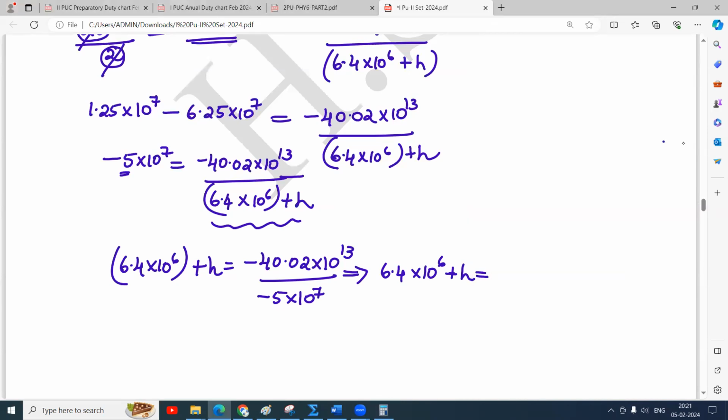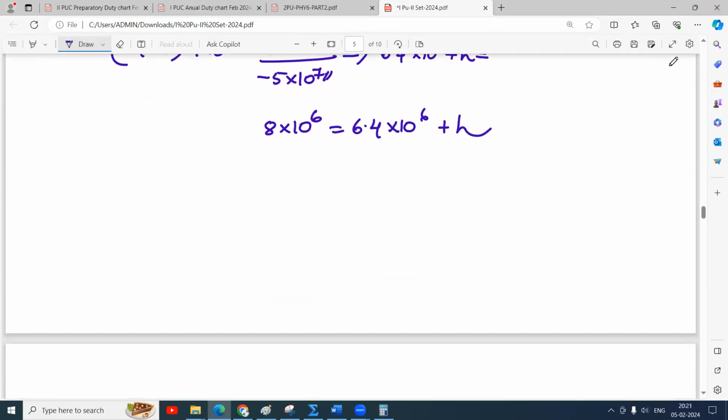So 8 into 10 to the power 13 minus 7, that is 6, is equal to 6.4 into 10 to the power 6 plus h.